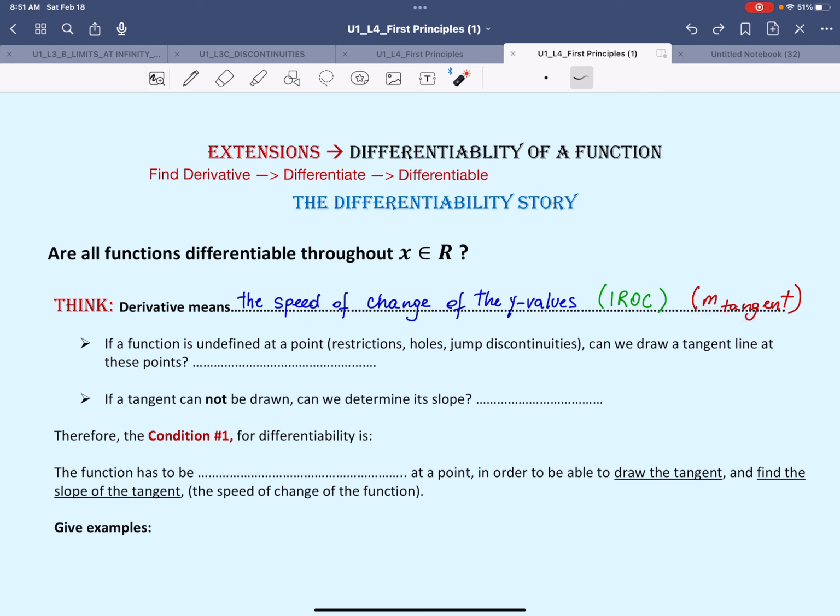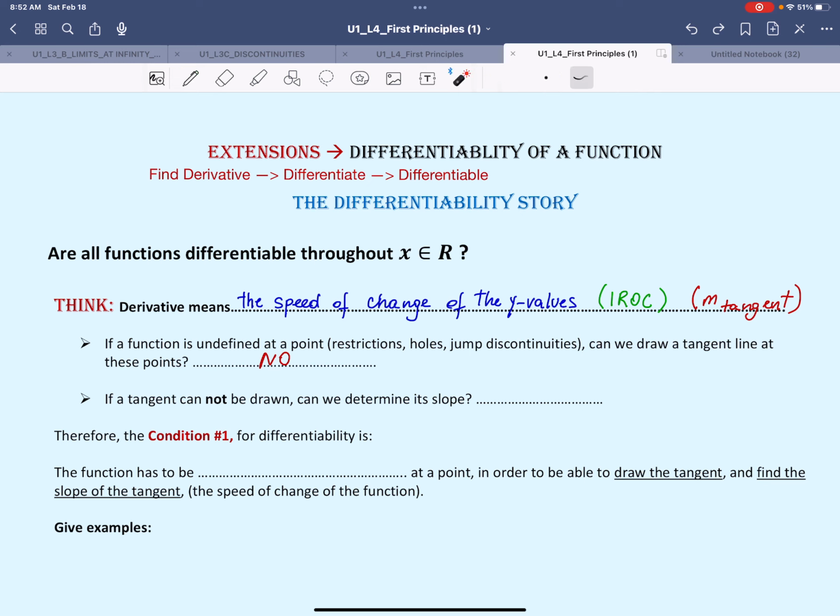So the question I'm posing here is, if a function is undefined at a point, can we draw a tangent line at points where the function is undefined? Think about graphs that show jump discontinuities or holes, or equations of functions with restrictions. If a function is undefined at a point, then we cannot draw a tangent line.